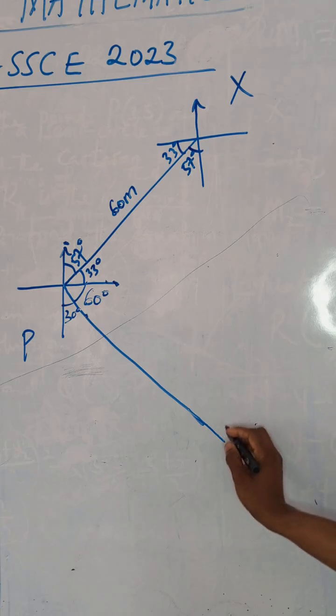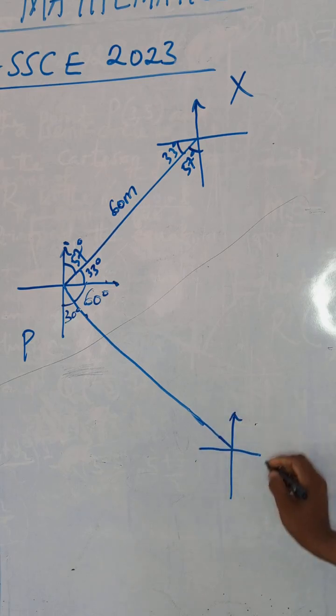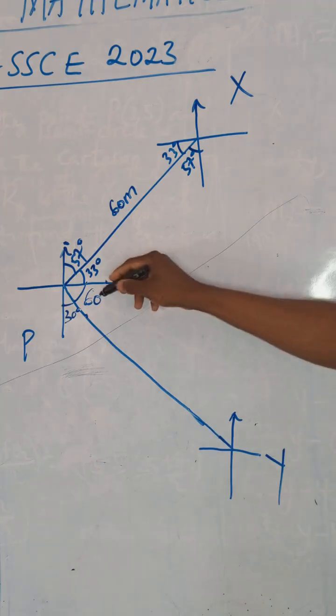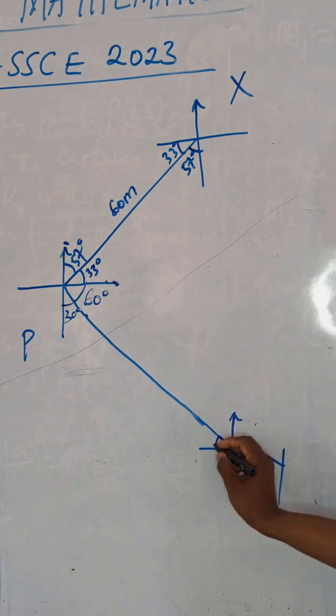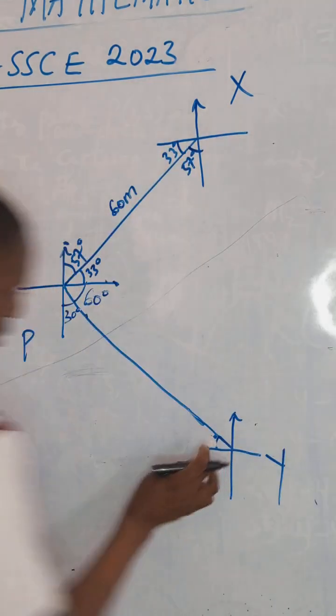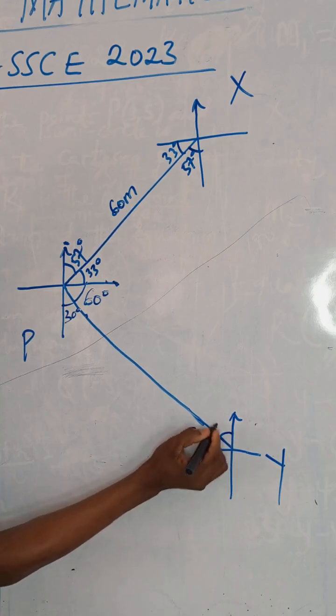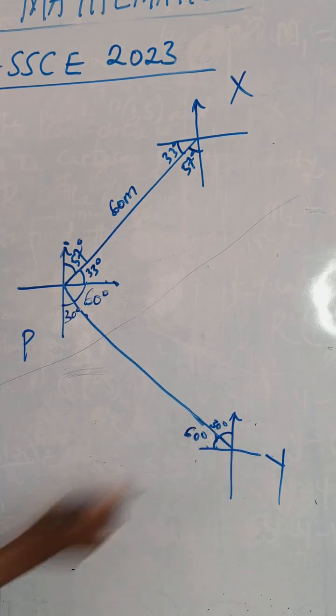This is palace Y. If this place is 60, the alternate angle will be 60 here, while the upper part here will be 30 degrees to complete the 90 at that side.